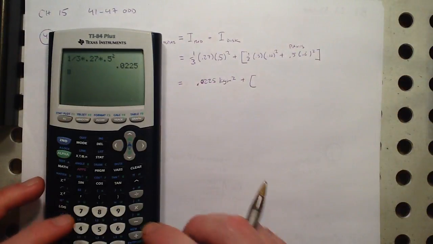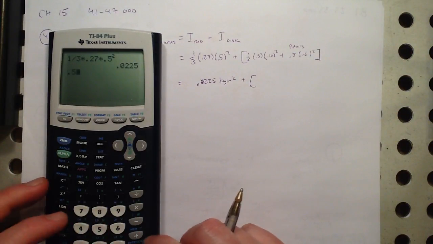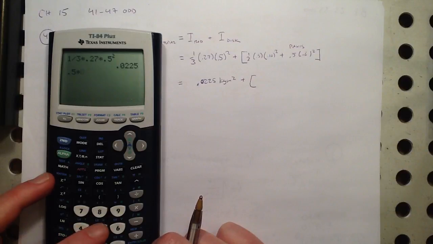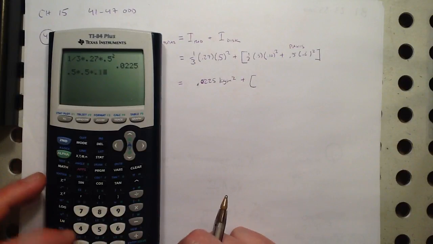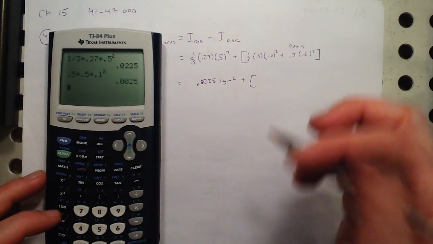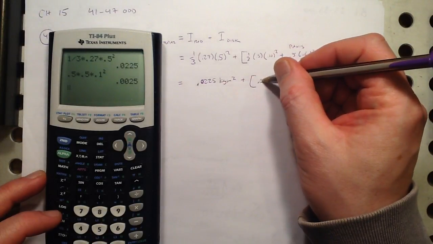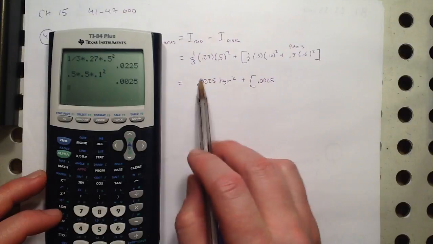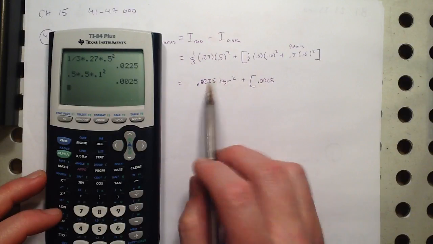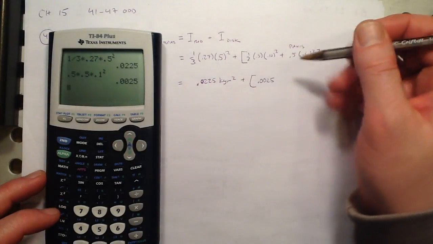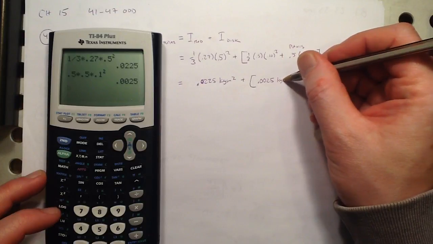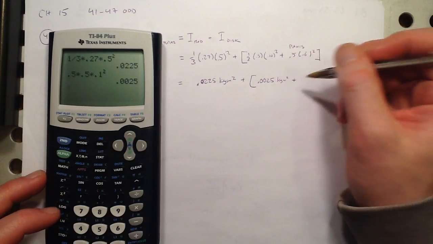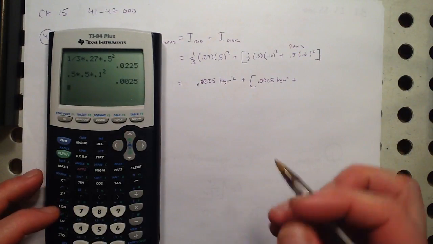I'm also going to do this separately. That's 1/2 mR squared. So just noticing so far, that's about 10% of that. So it's a fairly small contribution compared to that. Kilogram meter squared, that's units for a rotational inertia.